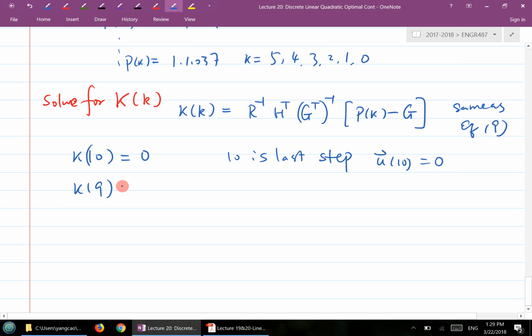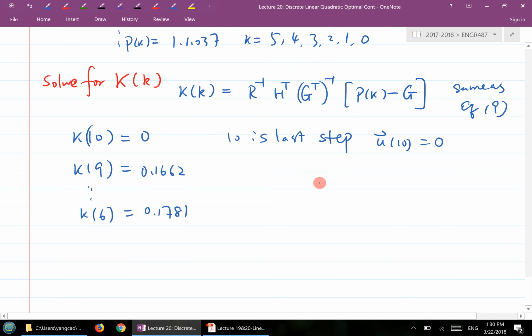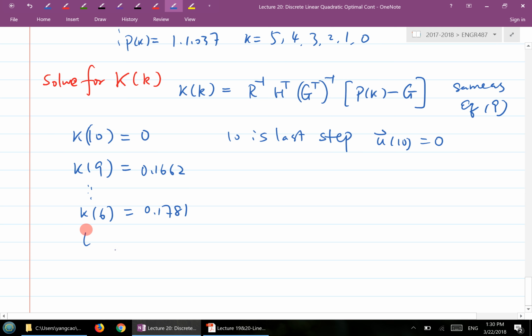Then you solve for K9, and you get this much out of here. Then keep going. After about 6 steps, it settles down for this gain matrix K.